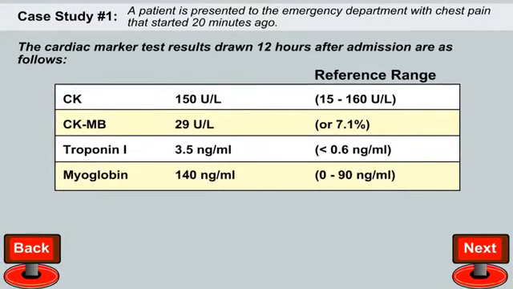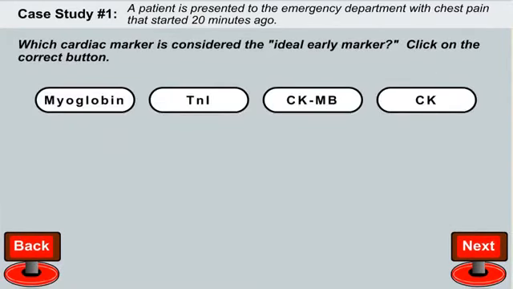Later on, 12 hours after admission, the sample results were as shown. So the question for this case: what would you choose as the most ideal early marker in these conditions?